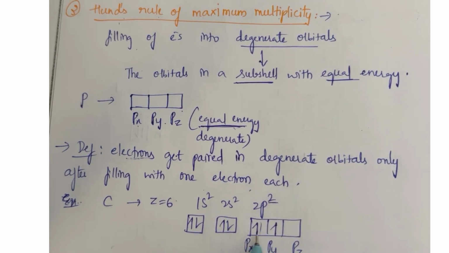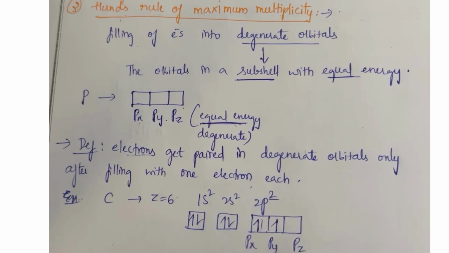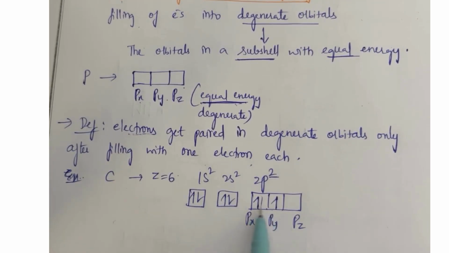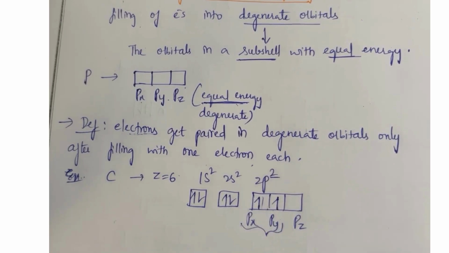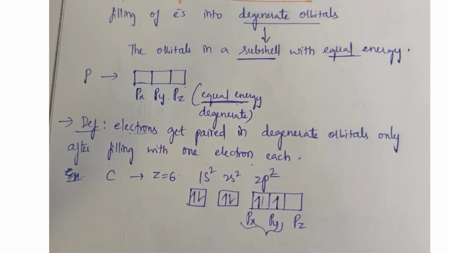Instead of getting paired up, because all are of equal energy, they get 1 electron each. So Hund's rule of maximum multiplicity explains the degenerate orbitals filling with 1 electron each, which indicates the presence of unpaired electrons or single electrons in the outermost shell.